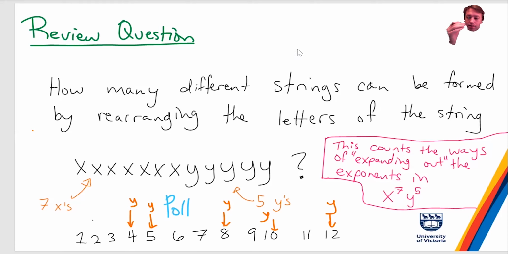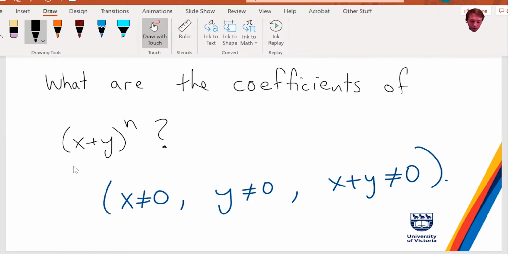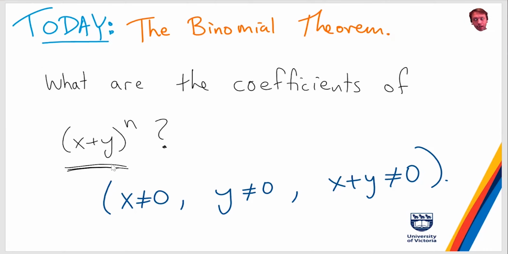Okay, so this is just a bit of review. And this is actually quite relevant to what we're doing today. So the topic today is the binomial theorem. The thing we're going to learn about today is, suppose I take a polynomial in 2 variables. So I take a binomial, x plus y, and I raise that to the power n.